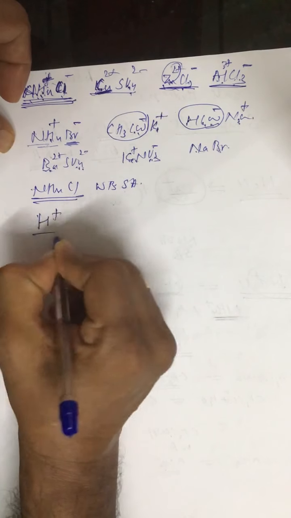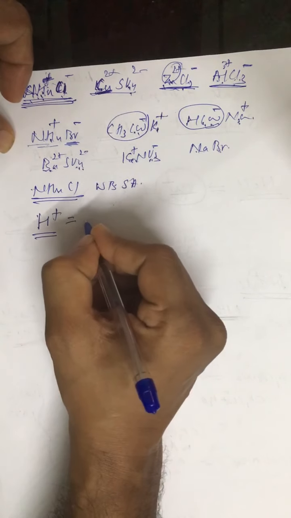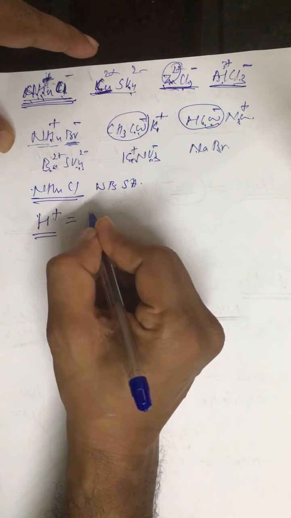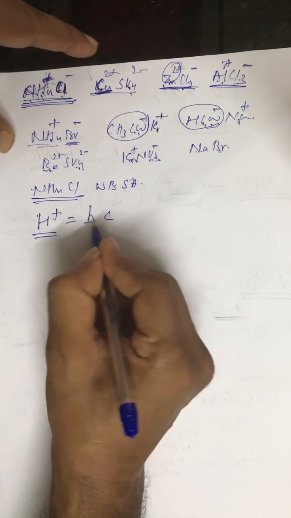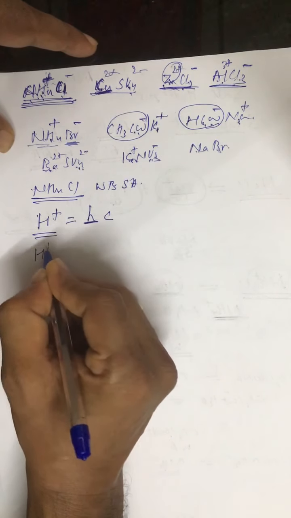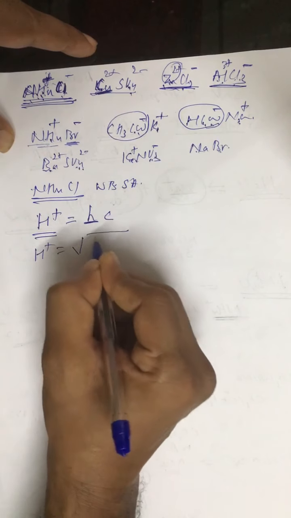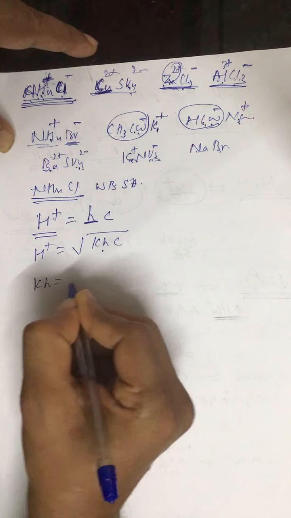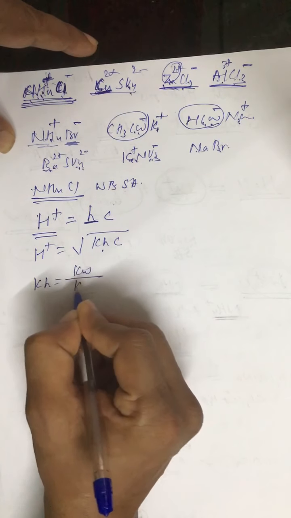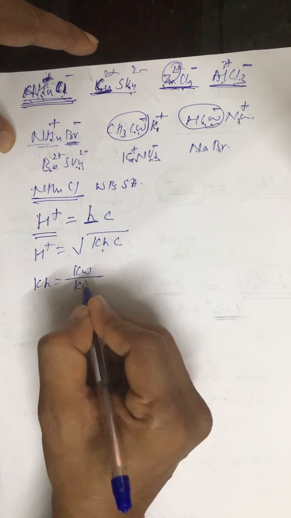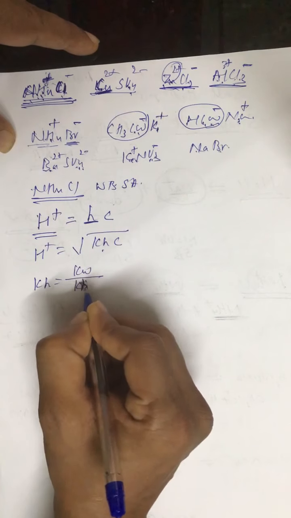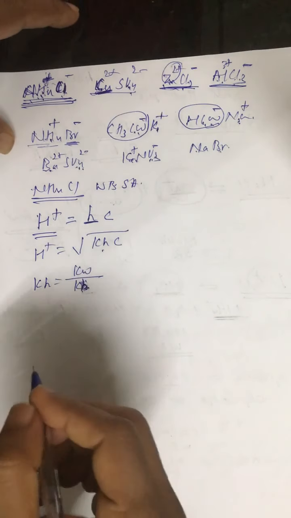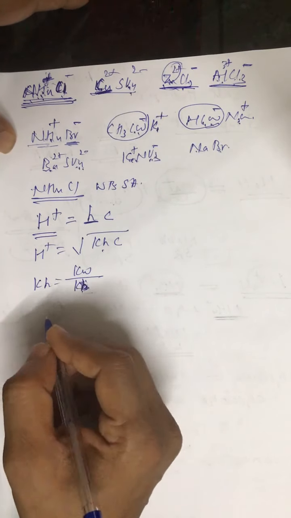Aqueous solution is acidic, so H positive is given by h into C, that is degree of hydrolysis, or H positive equal to root of KH into C. KH is hydrolysis constant. KH is given by Kw upon Kb. Kw is 10 raised to power minus 14. Kb is base dissociation constant. Alright.